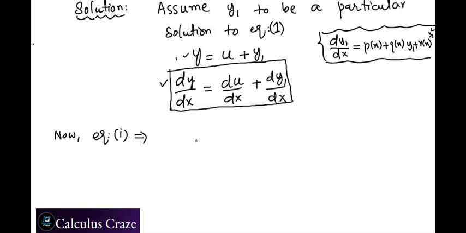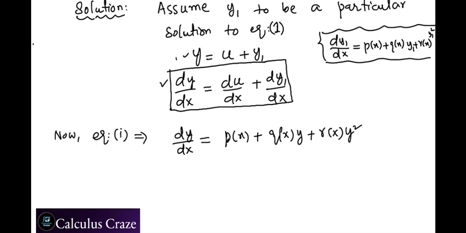So my equation 1 is: the derivative of y with respect to x equals p of x plus q of x times y plus r of x times y squared, right? Where p, q and r are functions of x.